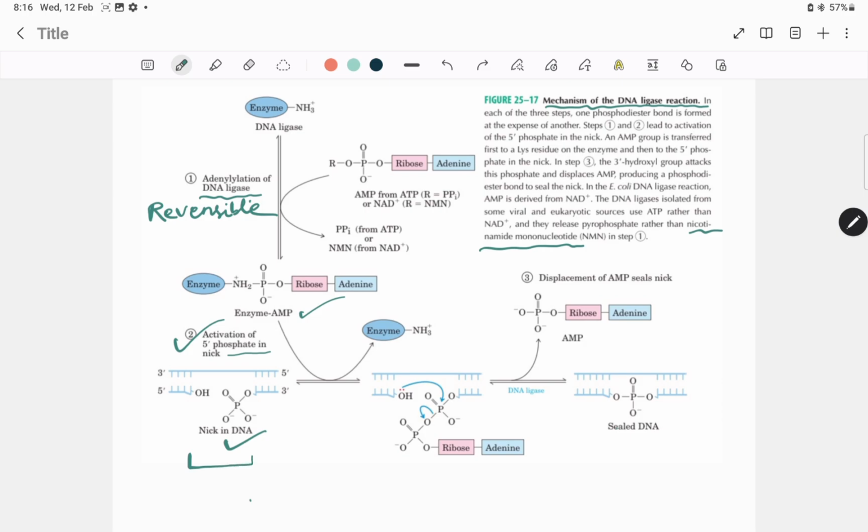This gap in the DNA is called a nick. This nick in the DNA has a 5' phosphate group. The AMP, which was formerly transferred to the Lys residue of the enzyme, is now transferred to the 5' phosphate group of the nick in the DNA.